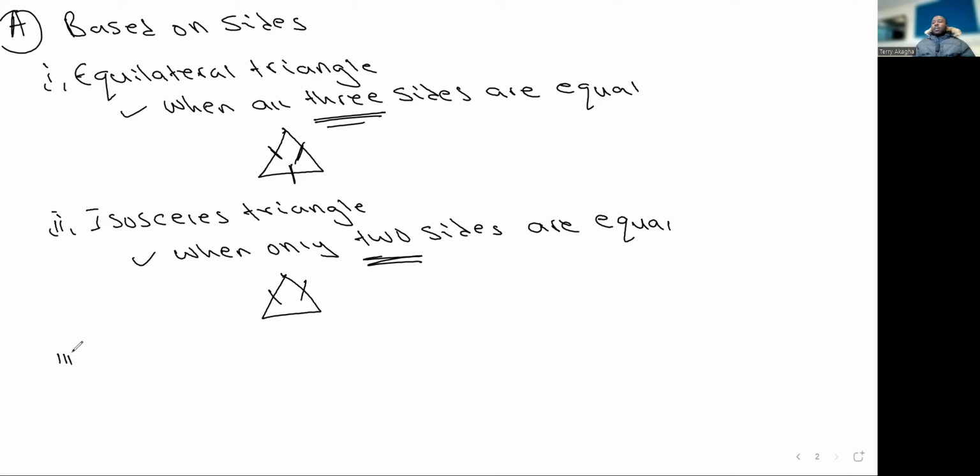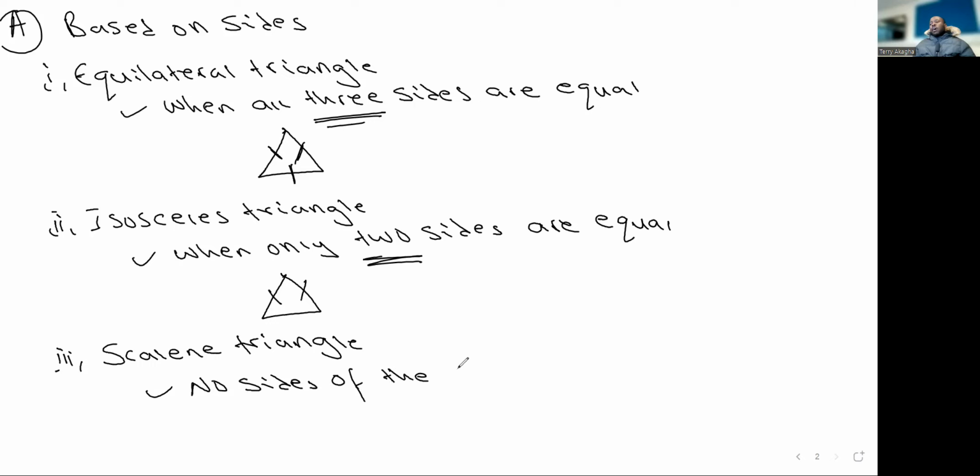Then the next one is the scalene triangle. Here, no sides of the triangle are equal. You just have a triangle, but in this case, none of the sides are equal. So that is based on sides.